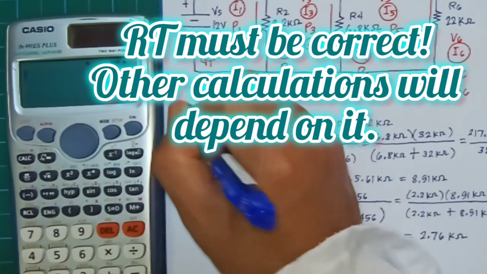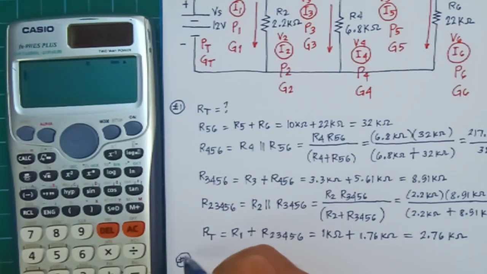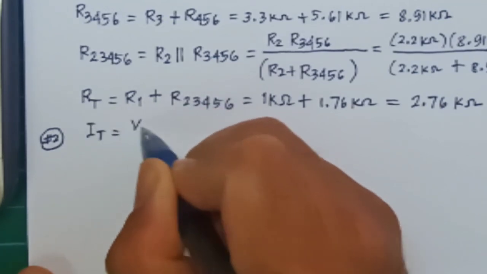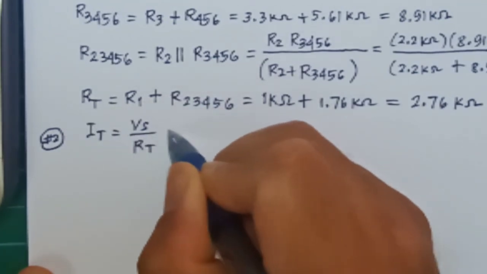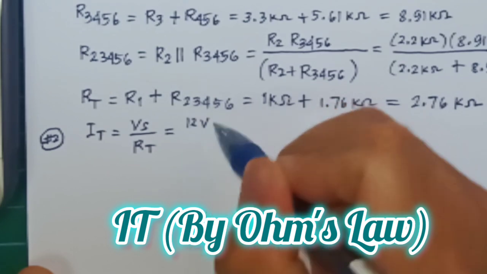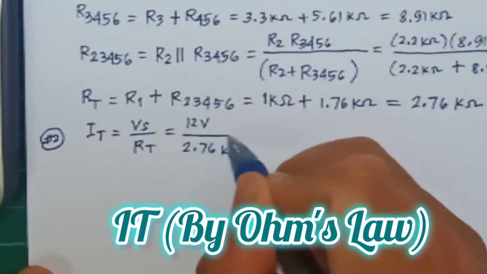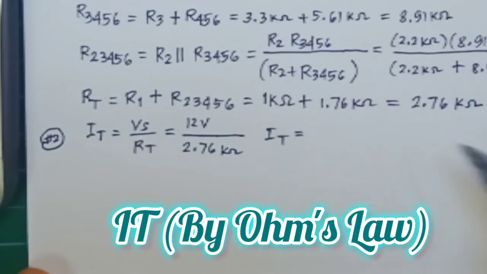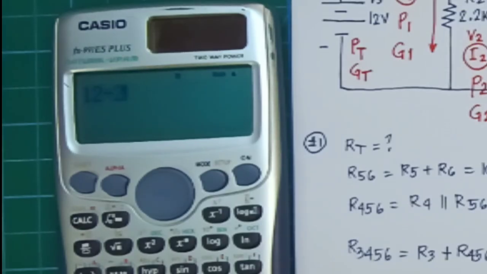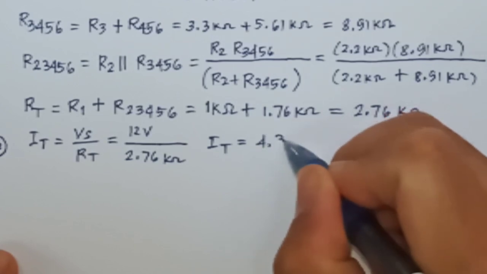That's the first step. We have to find the total resistor or total resistance carefully. Now we can get the total current by Ohm's law, Vs divided by RT. Now when you divide volt by kilo ohms, the answer would be milliamperes.